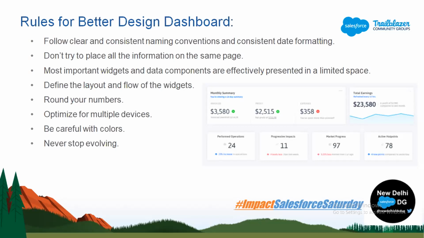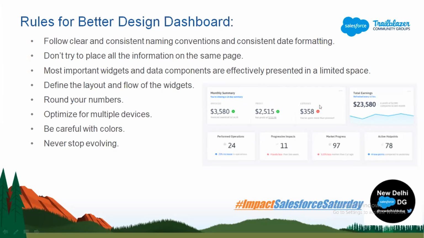The next rule is that the most important widgets and data components should be effectively presented in a limited space. What does it mean? If you can see this screenshot here, I have monthly summary, invoice amount, priority, and so on. But here, total earnings I am showing in bold letters with a different size.